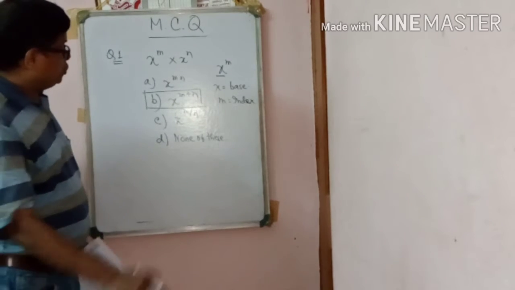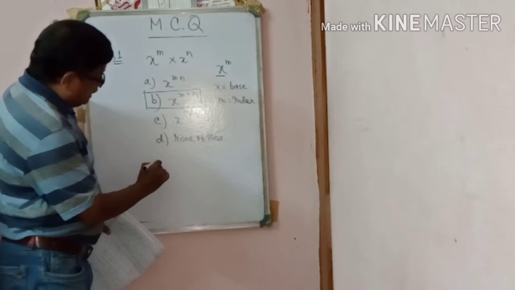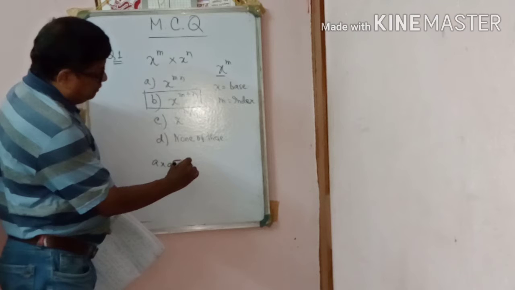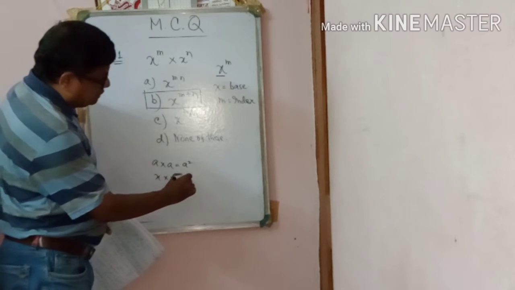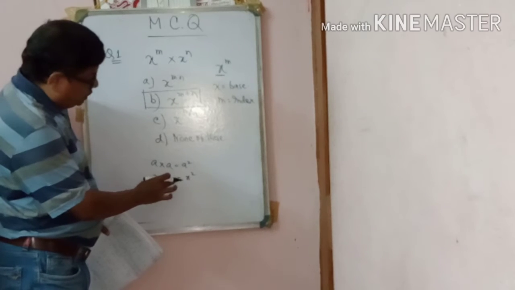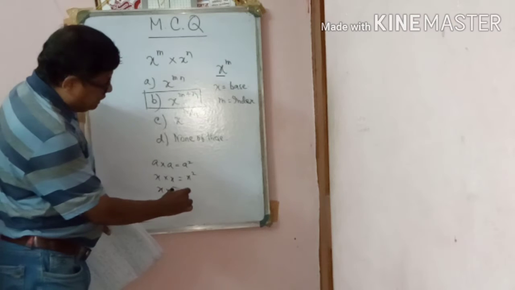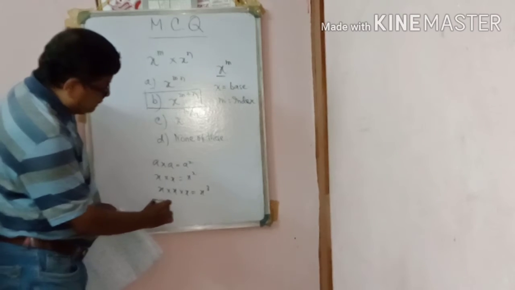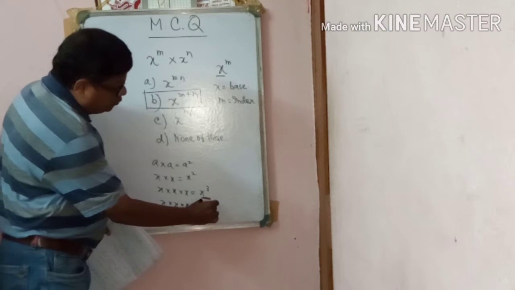Why x to the power m? Suppose we write a into a, that is a square. Suppose x into x is x square, where 2 means it is multiplied 2 times. Similarly x into x into x is x cube, and x into x into x into x, multiplied 4 times, is x to the power 4.